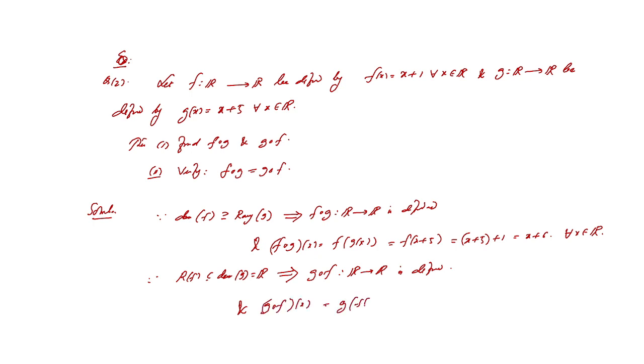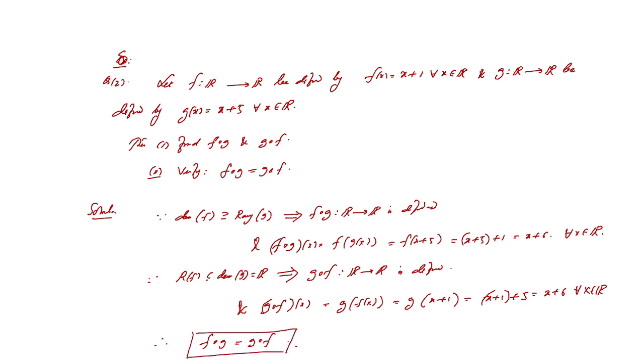This is G of F(x). That means G of x plus 1, and that will be x plus 1 plus 5, again x plus 6 for all x belongs to R. So therefore what we observed here is F composed G equals G composed F. This is our observation.